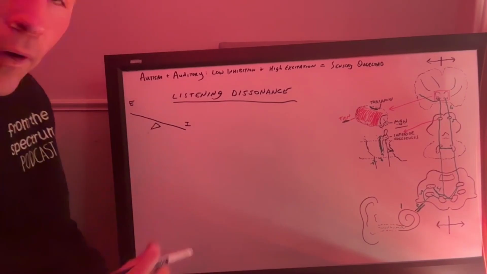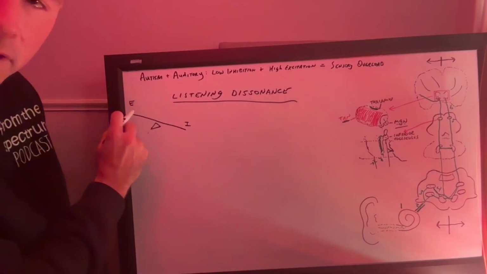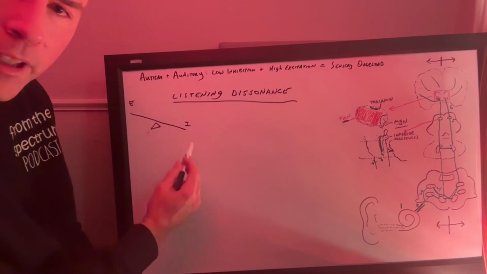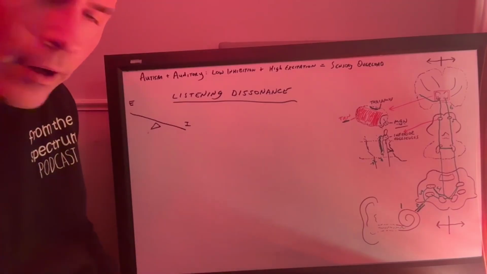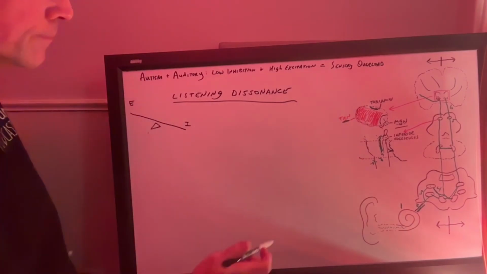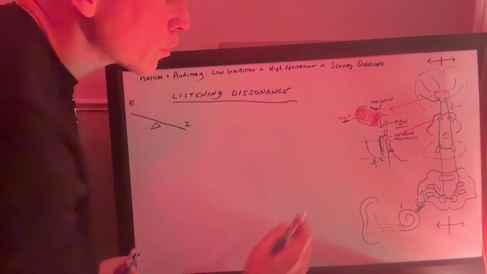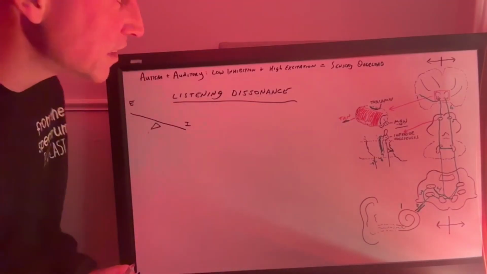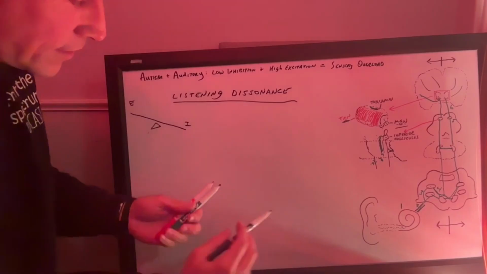This is the default for the autistic phenotype. High excitation, low inhibition, because of a lot of those inhibitory cells being missed in large part here and throughout the brain regions, okay? Because we're going to talk about more cortex areas with this listening dissonance, and I think you'll be able to make sense of it.